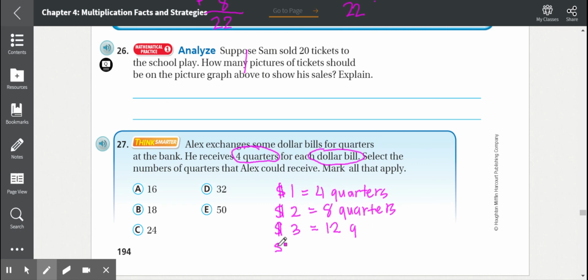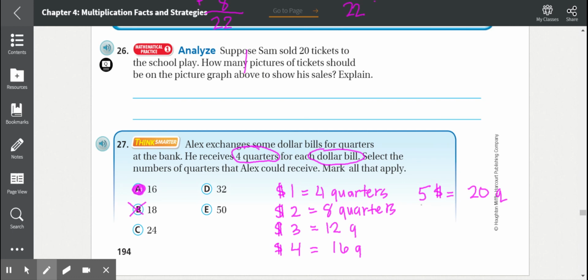If he gave the cashier $4, that would be 16 quarters. So he could get 16 quarters back. If he gave the cashier $5, he would get back 20 quarters. So see how we go from 16 to 20? So he would never get back 18 quarters if he's giving dollars.